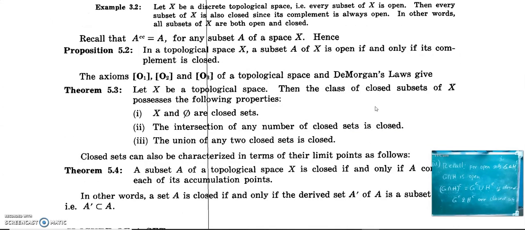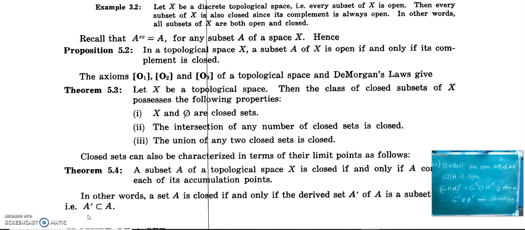Hence, the class of closed subsets possesses these three properties. Closed sets can also be characterized in terms of their limit points, as in Theorem 5.4. A set is closed if and only if it contains each of its accumulation points.